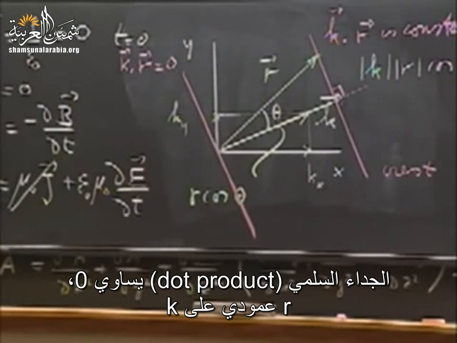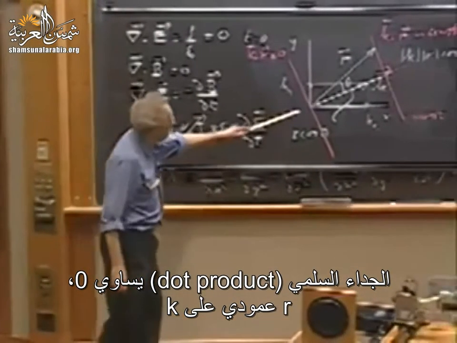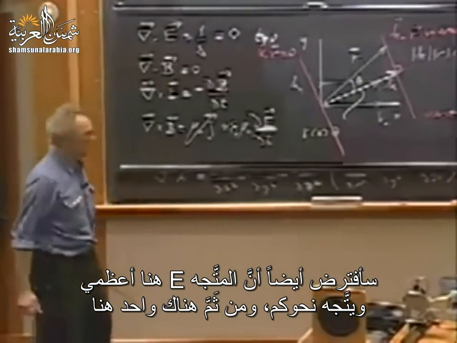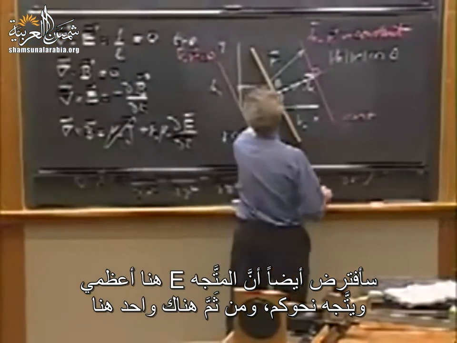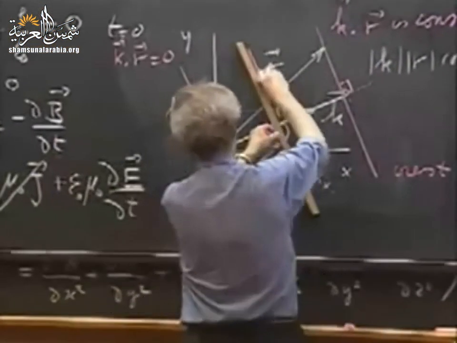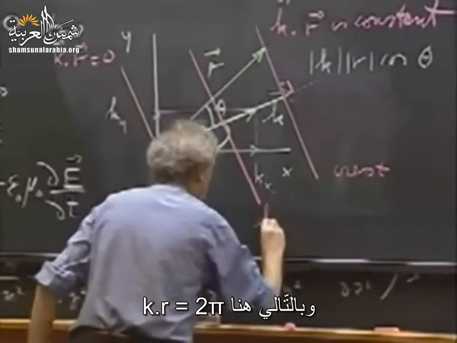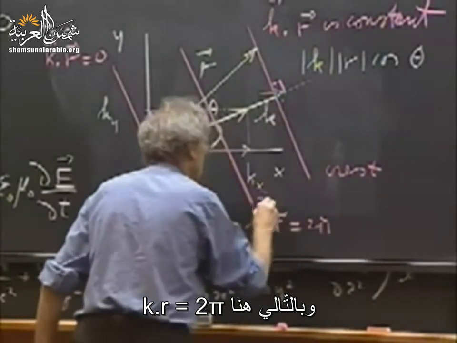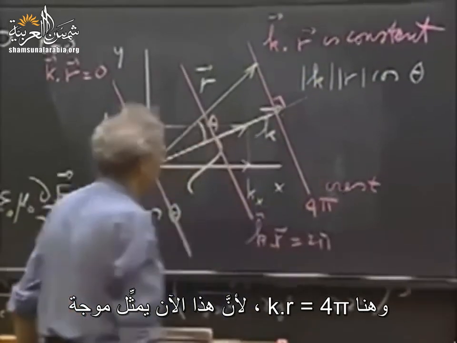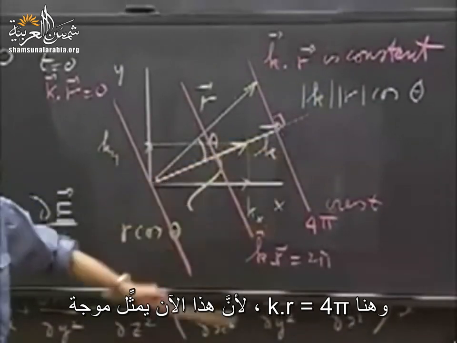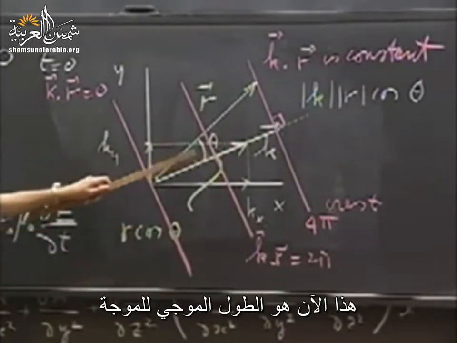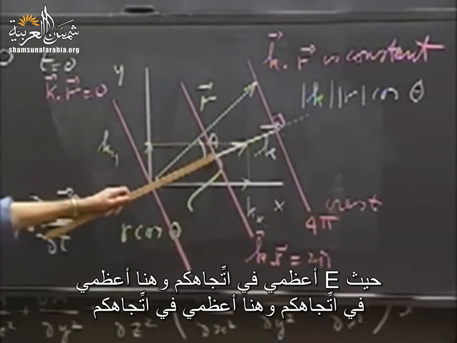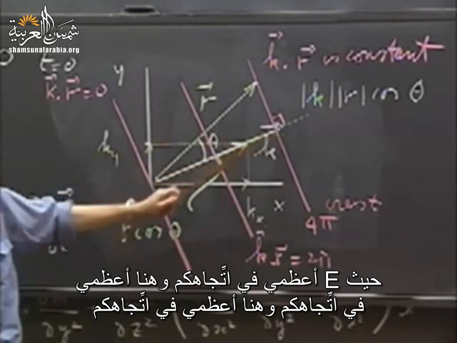R is perpendicular to k for this point. I will also assume that the E vector here is a maximum pointing in your direction, and then there is one here. So k dot r here is therefore 2 pi, and k dot r here is 4 pi. Because this now represents a wave. This is the full wavelength of the wave where E is a maximum in your direction, E is a maximum in your direction, E is a maximum in your direction.